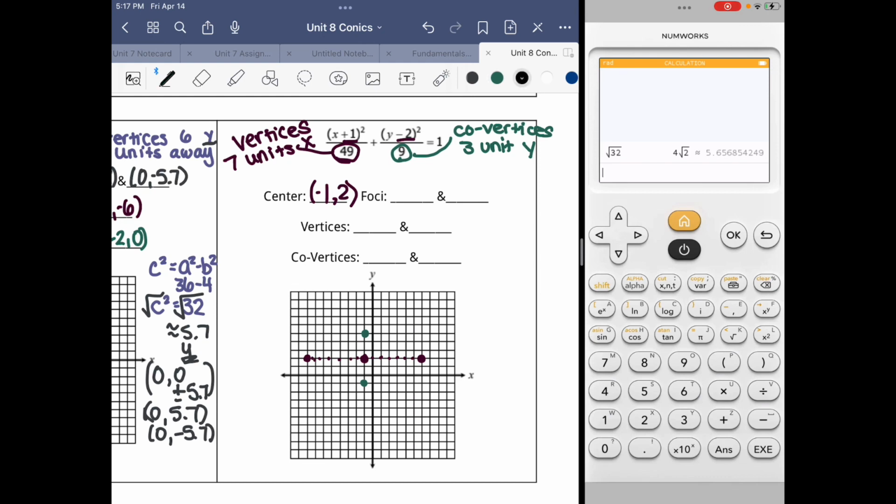Now that I have them all drawn, my vertices are at the points -8, 2 and 6, 2. And my co-vertices are at -1, 5 and -1, -1.